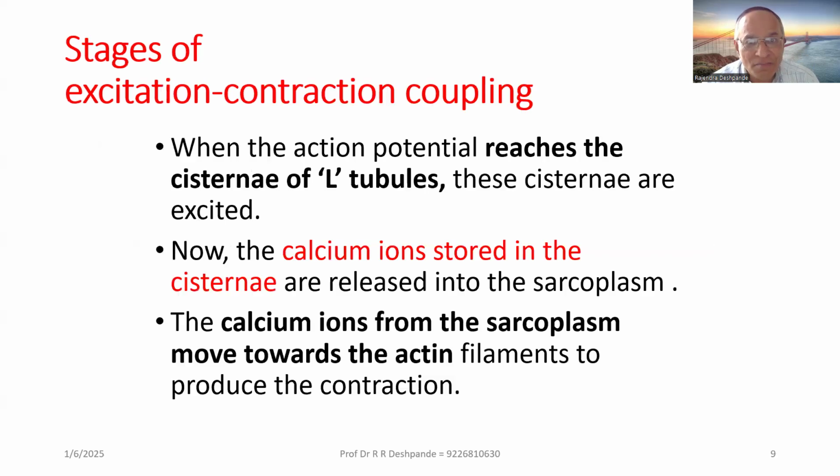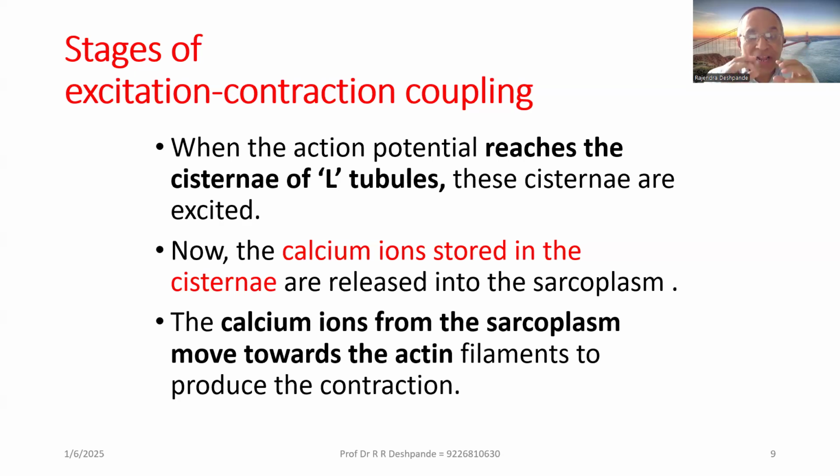Don't forget this term. Now, stages of excitation contraction coupling. Couple means 2 things: one is excitation, second is contraction. When the action potential reaches the cisternae of the longitudinal tubule, these cisternae are excited.